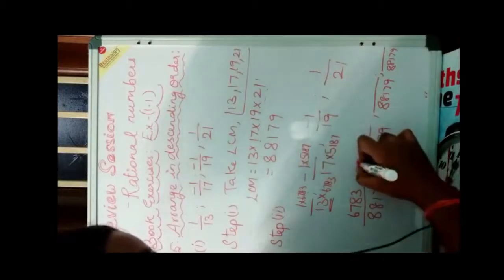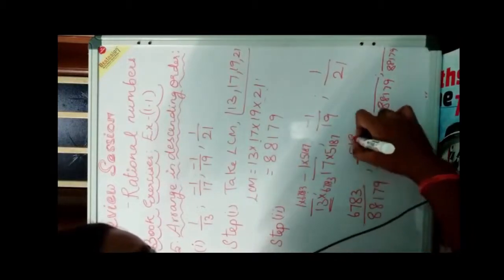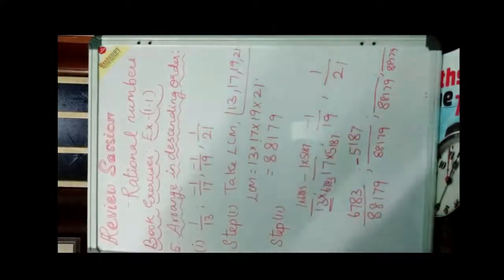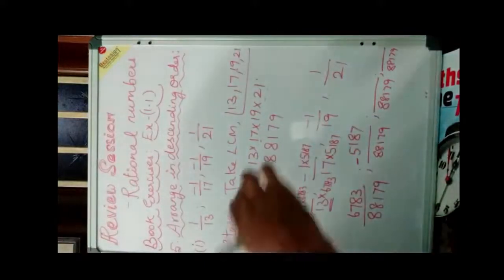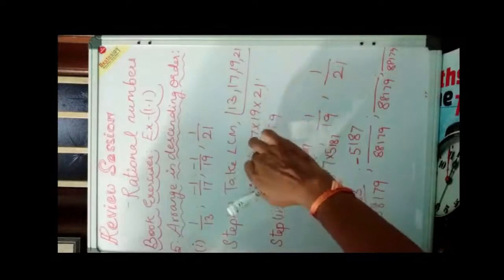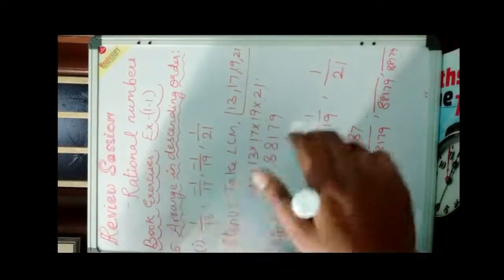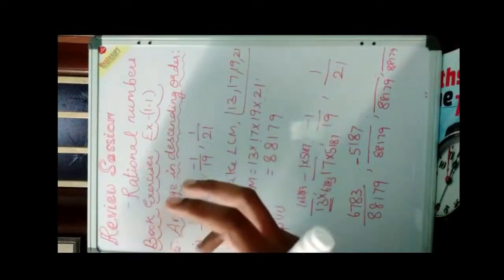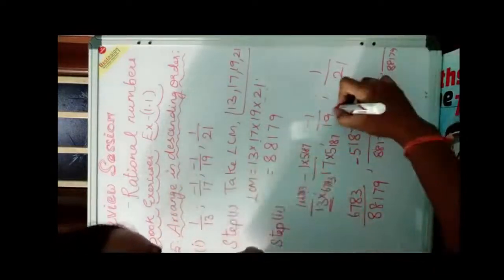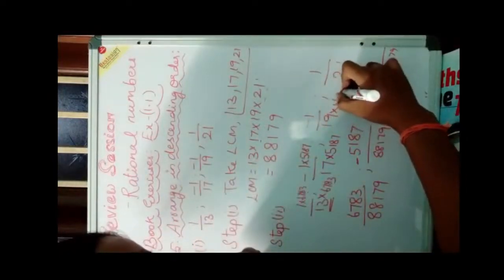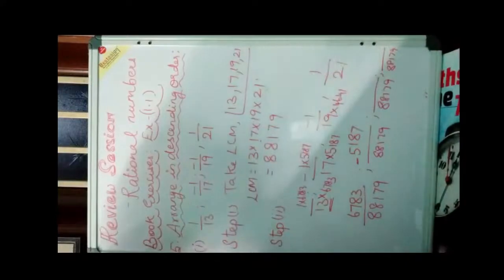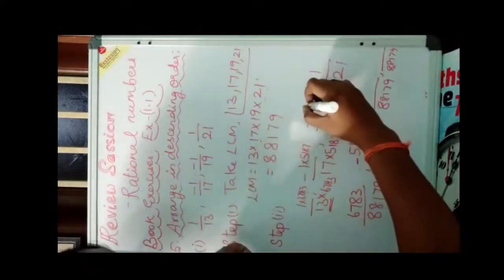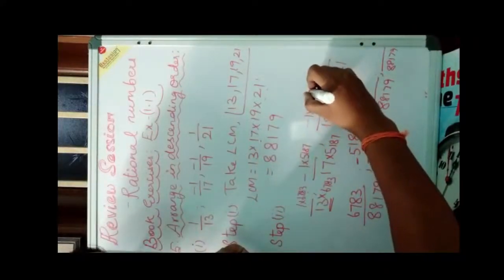Since here it is a negative number, don't forget to write the negative number. Similarly, the next one, here you leave 19 alone and multiply the remaining numbers. If you multiply 13 into 17 into 21, you will get 4641. So multiply the numerator also with the same number.